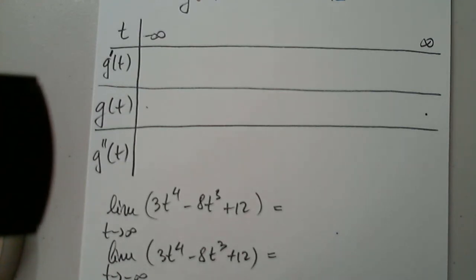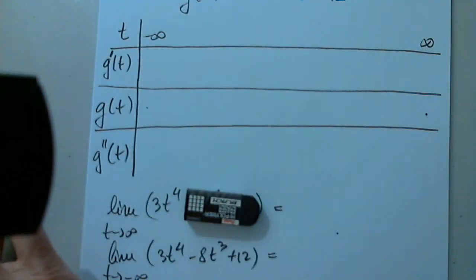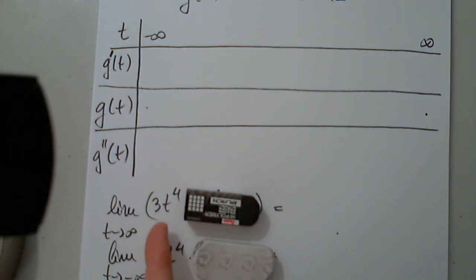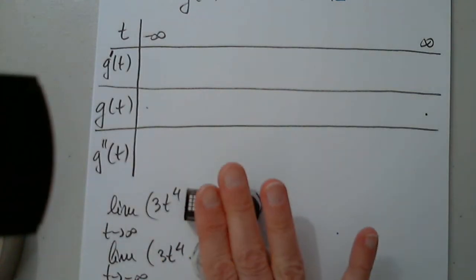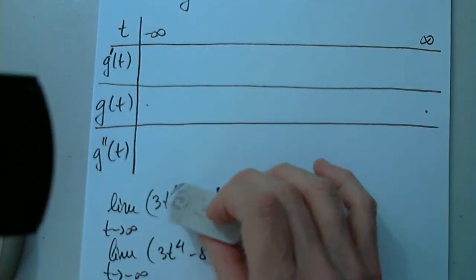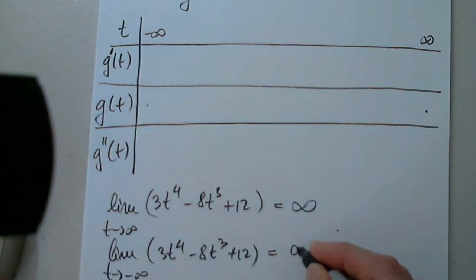Exactly. However, remember, we always look at the highest power. And the highest power is even. Correct. But since the highest power is even, no matter what I plug in, what will the result be? It's going to be infinity. Yes. See how important my props are.